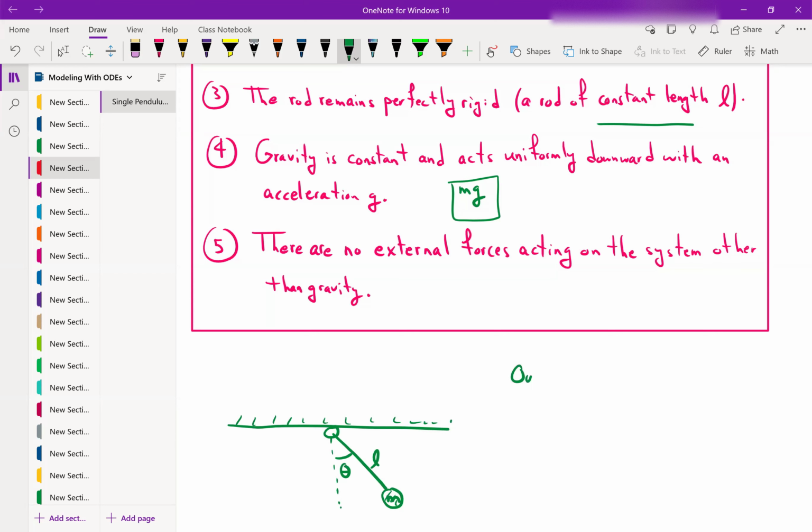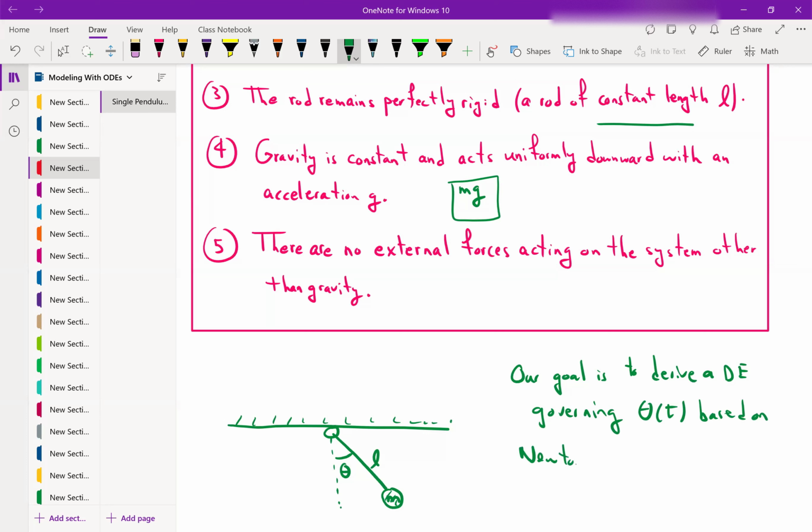All right, so let me again be very clear about what the goal is here. Our goal in this problem is to derive a differential equation governing theta of t, a differential equation that theta of t must satisfy based on Newton's second law.